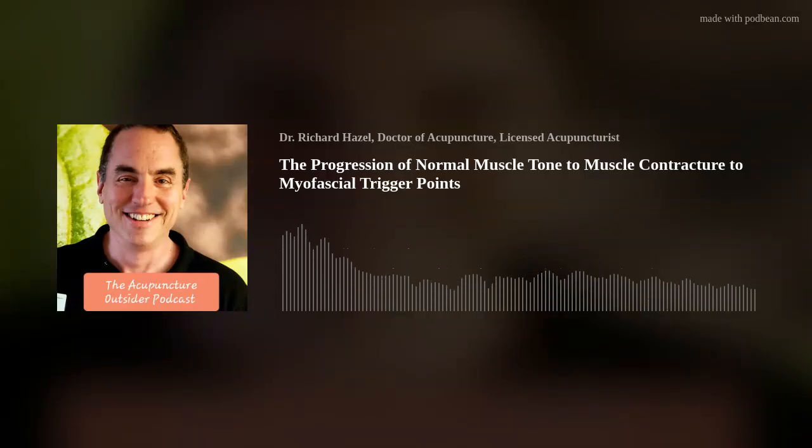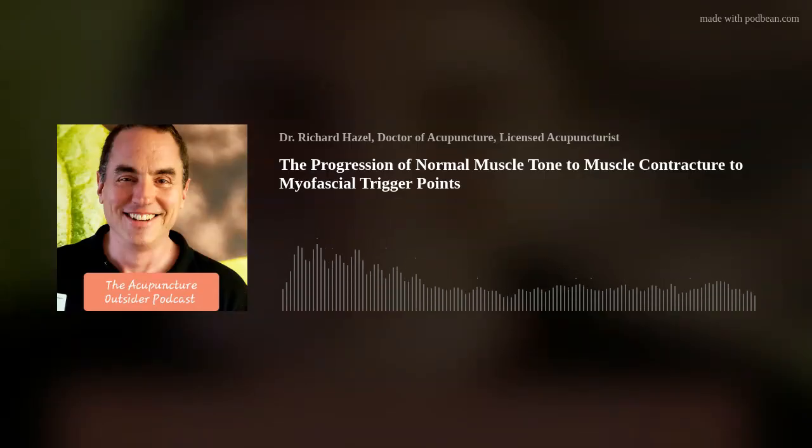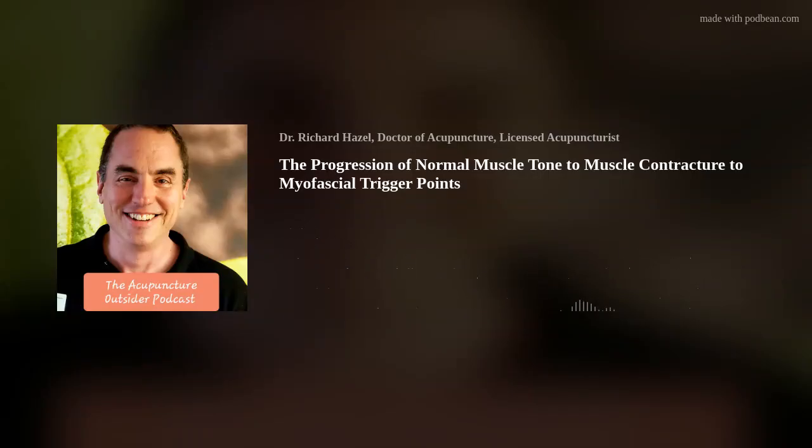So it's really important to recognize at what stage you're dealing with the person who is coming in with pain. It's going to tell you a little bit more about how many sessions you may need to get them better. And of course, as you might guess, someone with trigger points needs more treatment sessions than somebody who just has a postural issue that's leading to back pain or hip pain or knee pain or whatever it is.